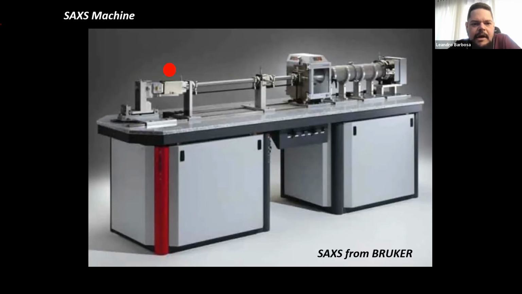Then after that, you have a monochromator, because every time you produce X-rays you produce a window of wavelengths, and it's important for us to get a very, very narrow window of this X-ray energy, so we can select the appropriate energy or wavelength with the monochromator.